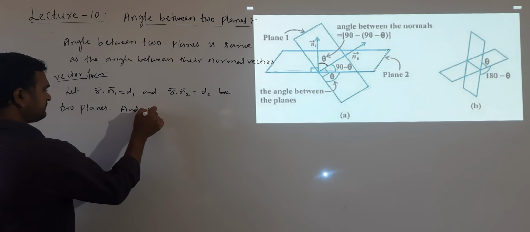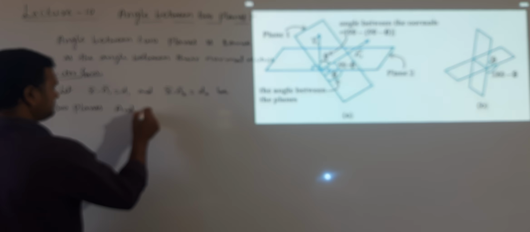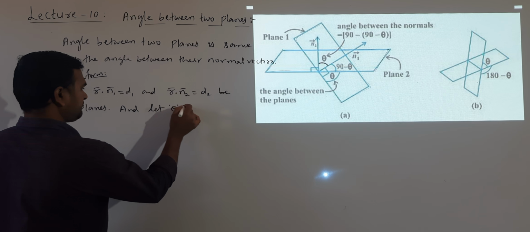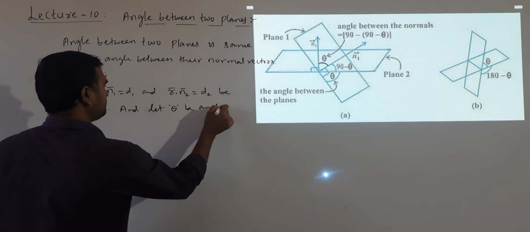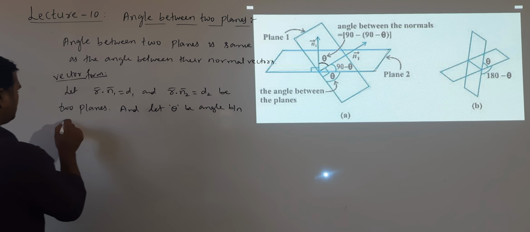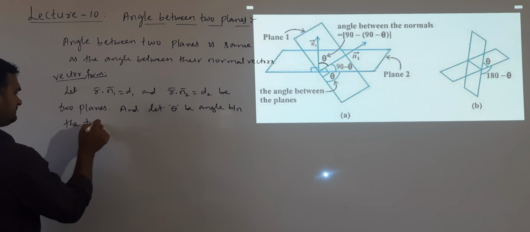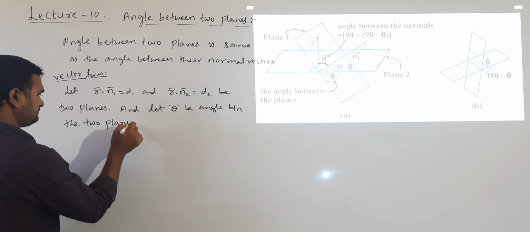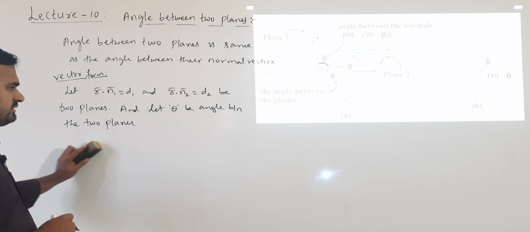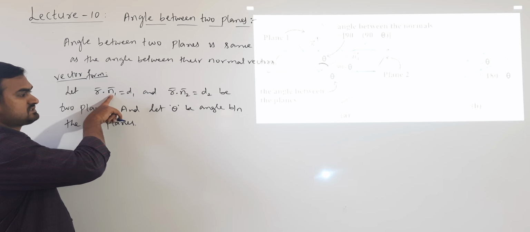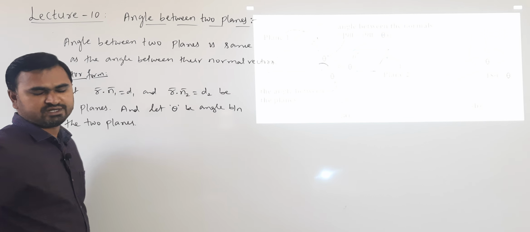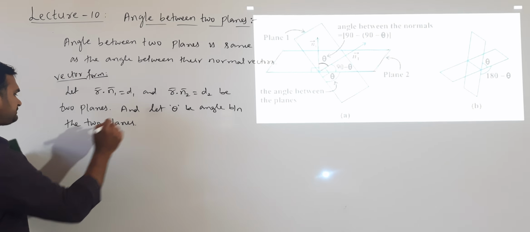And let theta be the angle between the two planes. Again, the angle between two planes is the same as the angle between the normal vectors. What are the normal vectors here? n1 bar is normal to the first plane and n2 bar is normal to the second plane.